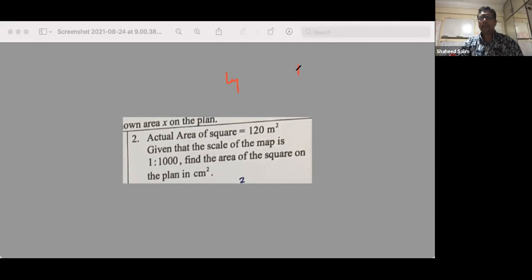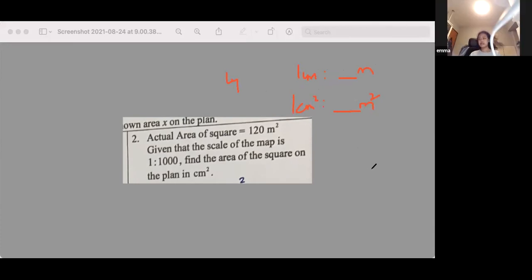So 1 cm to how many meters? And then after that, 1 square cm to how many square meters. You know what to do, right? And then you just score the goal.